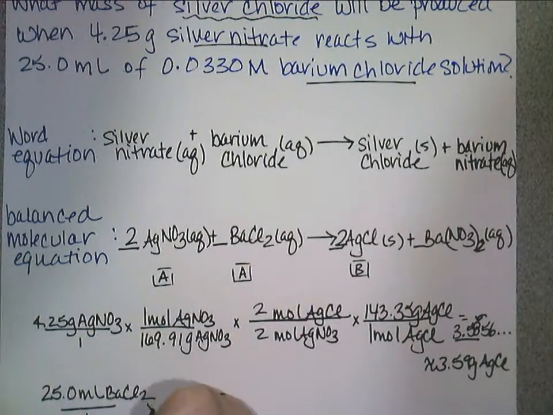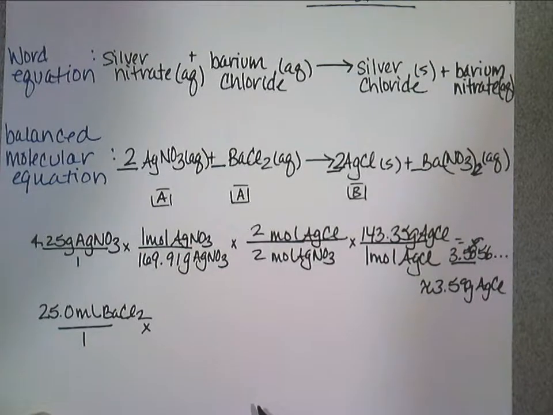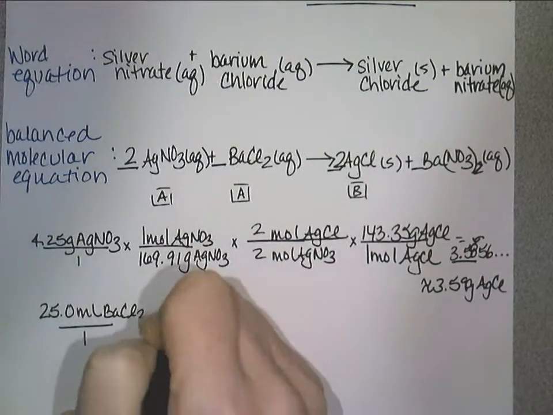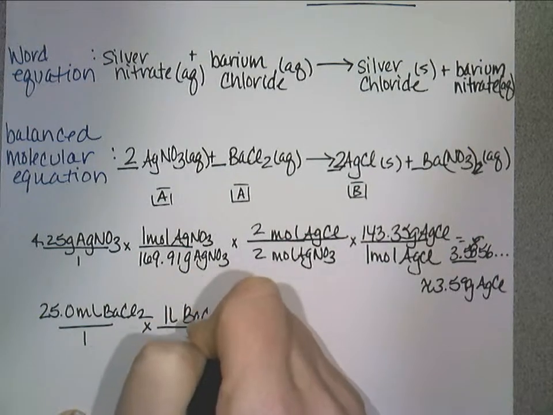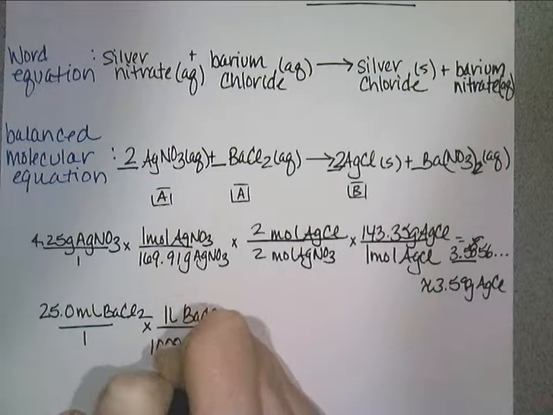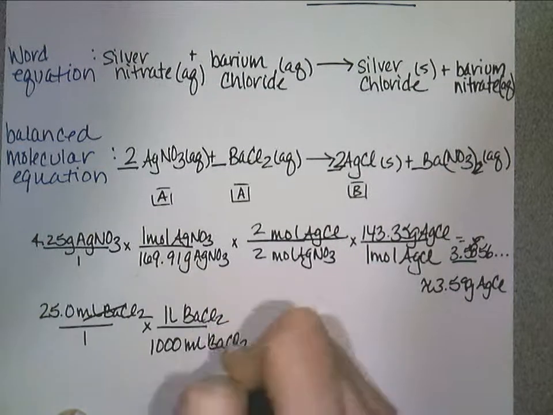We need to convert it to liters so we can use molarity as our conversion factor and cancel the liters eventually. So we know that in 1 liter of BaCl2 there is 1,000 milliliters of BaCl2. So we can go ahead and cancel the milliliters.